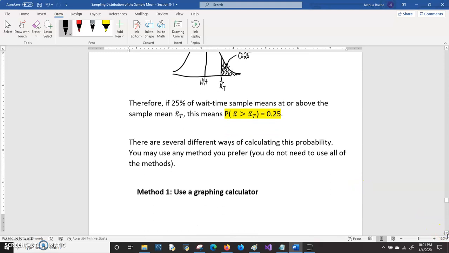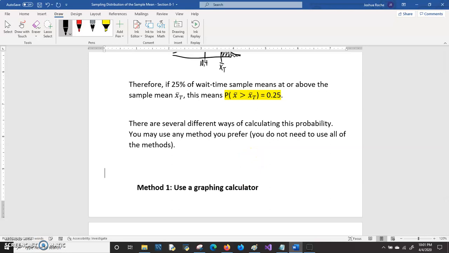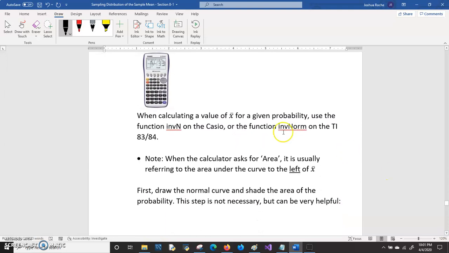There are different ways that we could solve for x bar t, and one way is to use a graphing calculator. For this problem, because we're trying to calculate the value of x bar, and we know the probability, you'll use either inverse norm on the Casio or inverse norm on the TI.